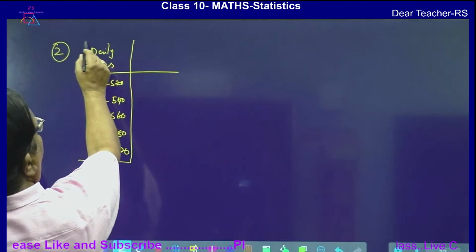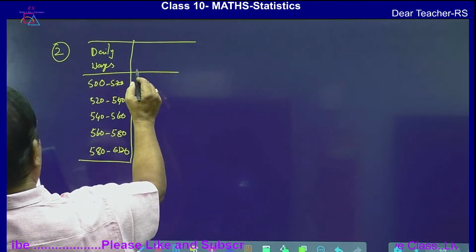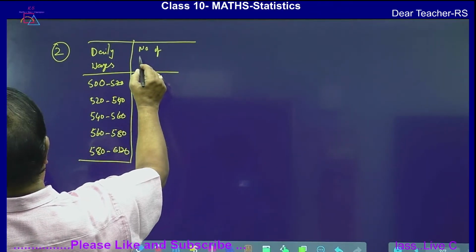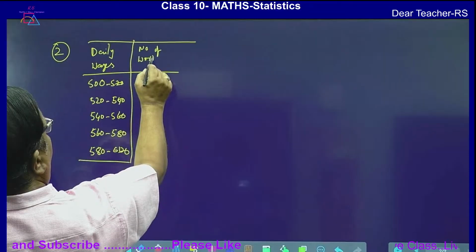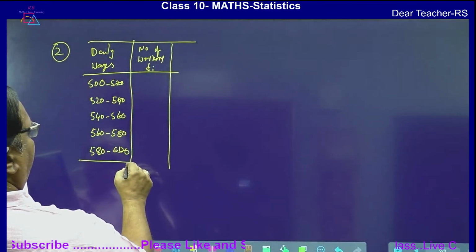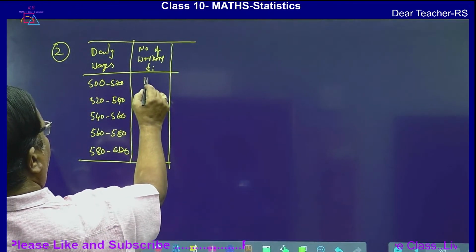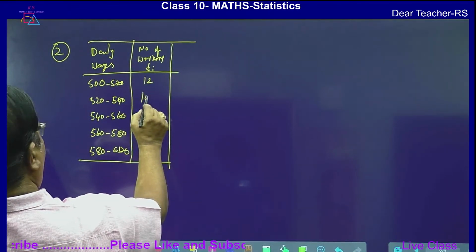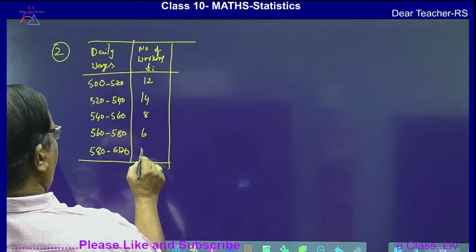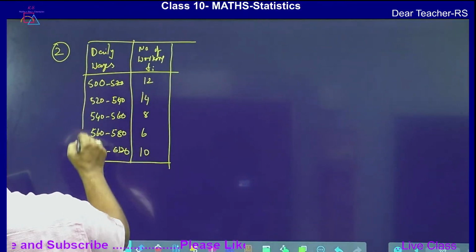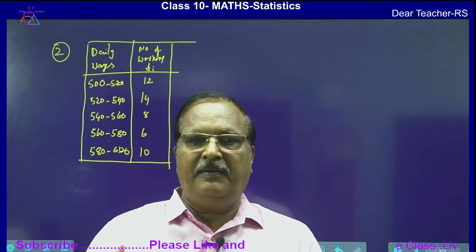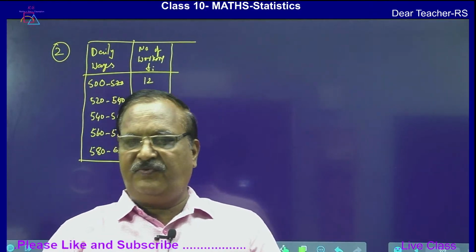Now the number of workers is nothing but Fi. So now 12, 14, 8, 6 and 10. So now you have to find out the mean daily wages.